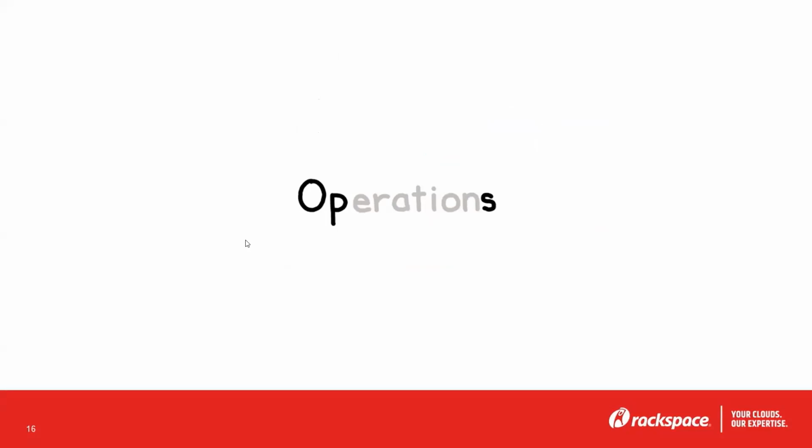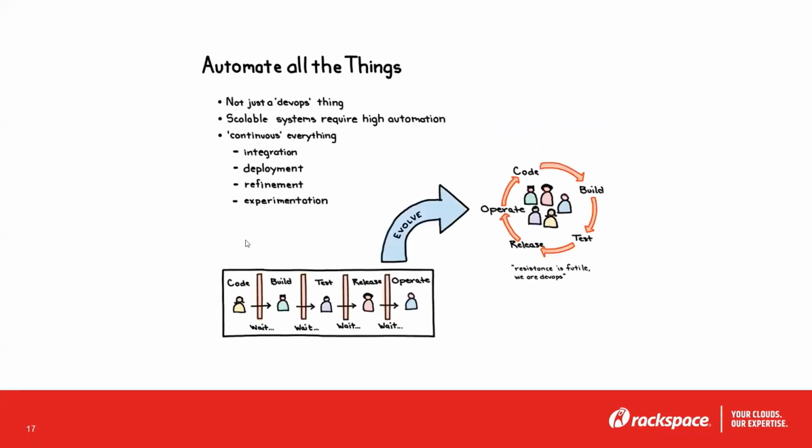The last section I wanted to talk about here is around operations, and operations in a scalable environment. This kind of goes back to the whole DevOps model, although it's not just a DevOps thing, and that is automating all the things.